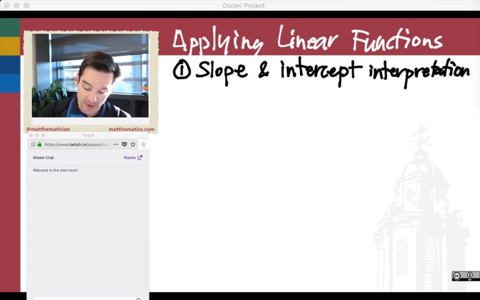So not what is the slope, what is the intercept, but really the question, what do these things mean? What do they tell us about a real situation that we might have some data about, that we might care to make a prediction about, and so forth.